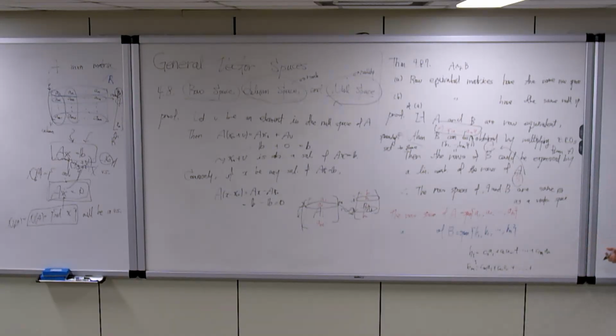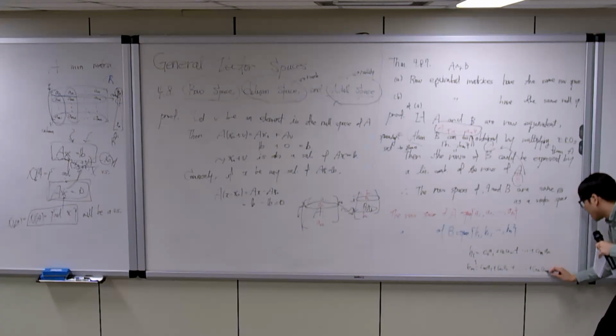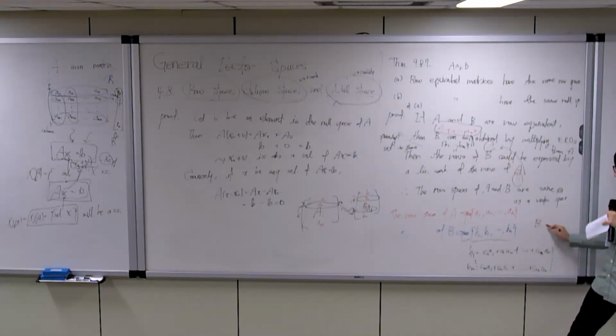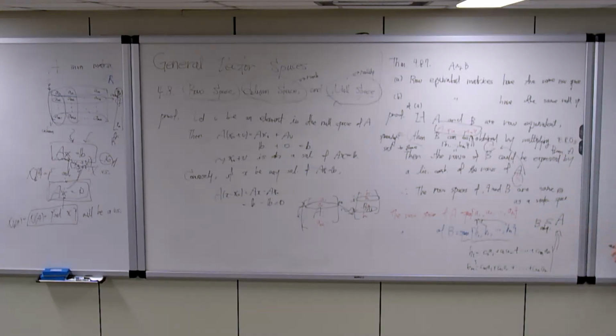up to Cnm Am, if you are able to express them as linear combinations of A, this means the spanning set of B is a subspace of A's row space, because all spanning vectors can be expressed by linear combinations of A. And conversely, if you are able to express A1 to Am as linear combinations of B, then A is a subspace of B, and so if you combine the two, the row space is really the same as a vector space.